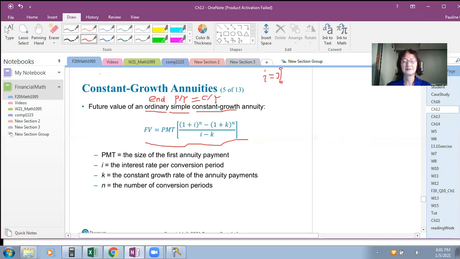In this formula, PMT represents the size of the first annuity payment. I is the interest rate per conversion period. K is the constant growth rate. N is the number of conversion periods, or number of payments.